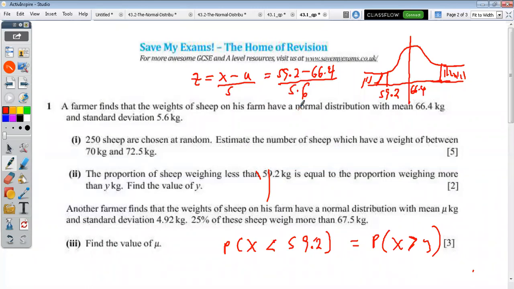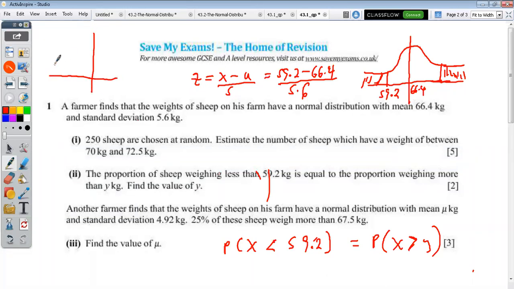What negative value do you get? Negative 1.29. Okay.